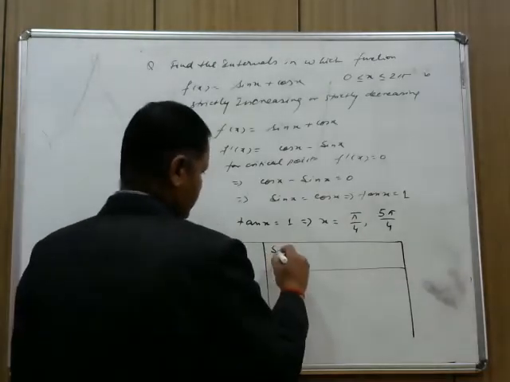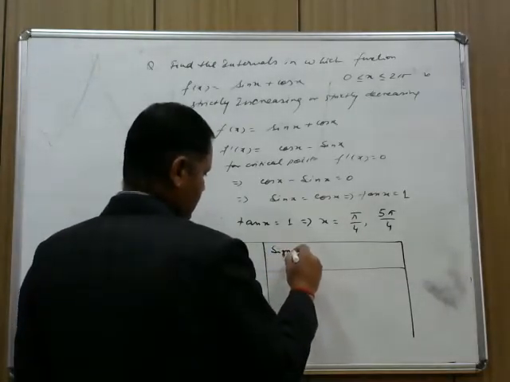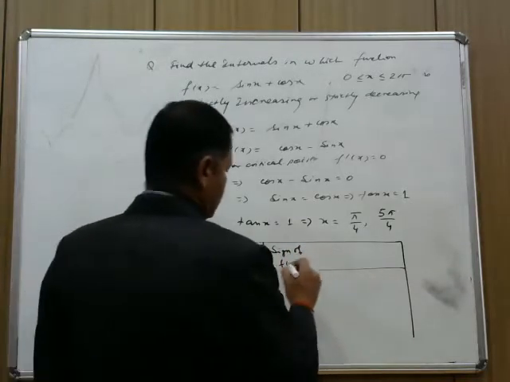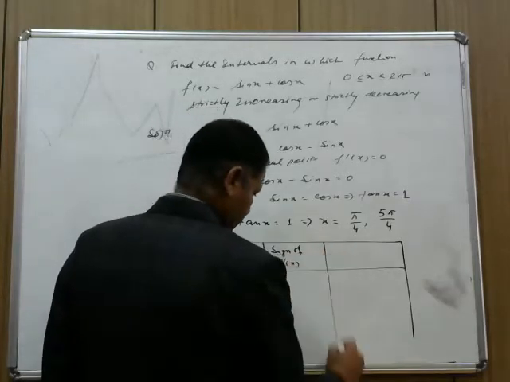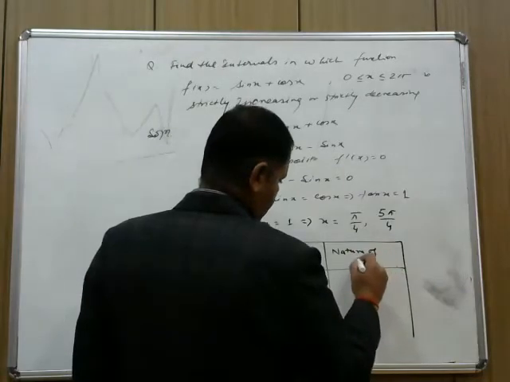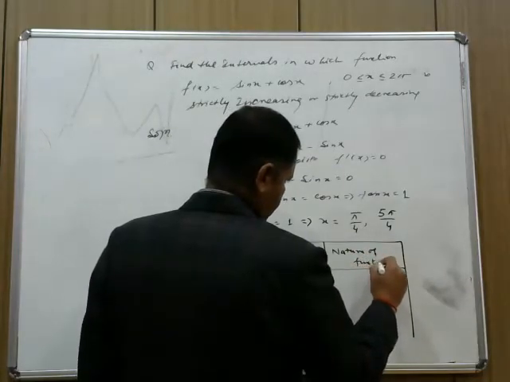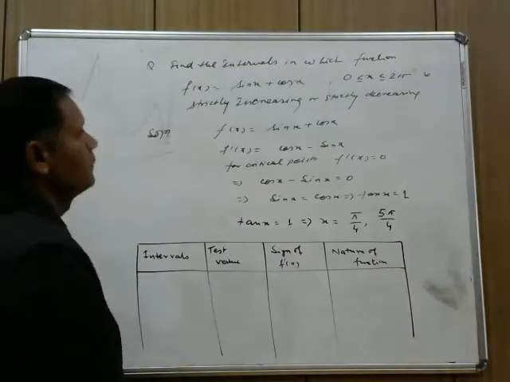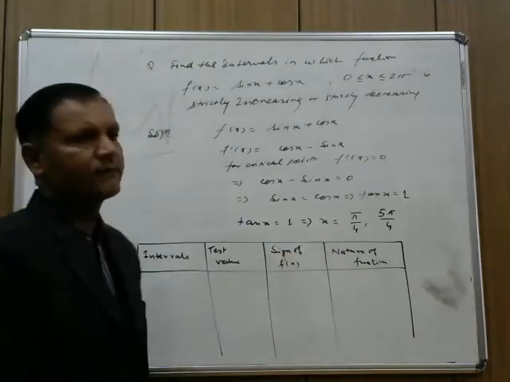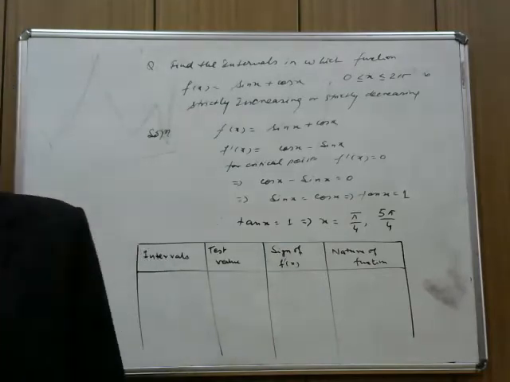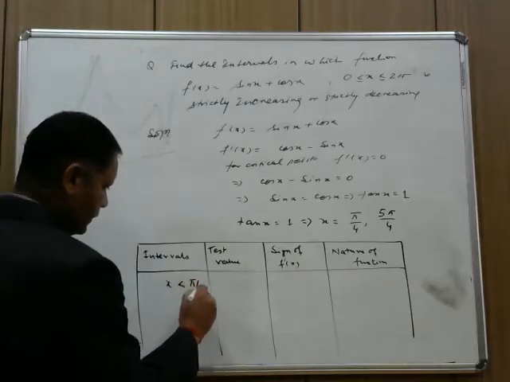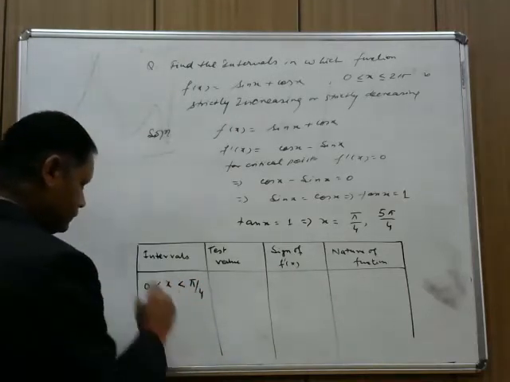Then the sign of f dash of x, and the nature of function. The first interval we have when x is less than pi by 4 and greater than 0, right?